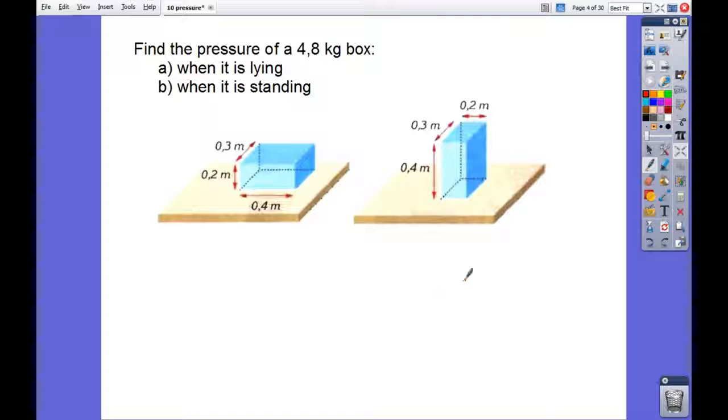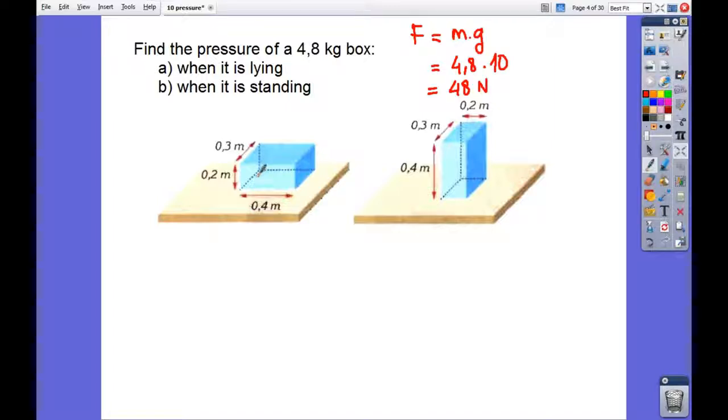Example: find the pressure of a 4.8 kilogram box. A when it is lying, B when it is standing. First of all, because we know the pressure is force over area, we have to find the force acting on both objects. It is mass times gravitational acceleration. 4.8 times 10, 48 Newton.